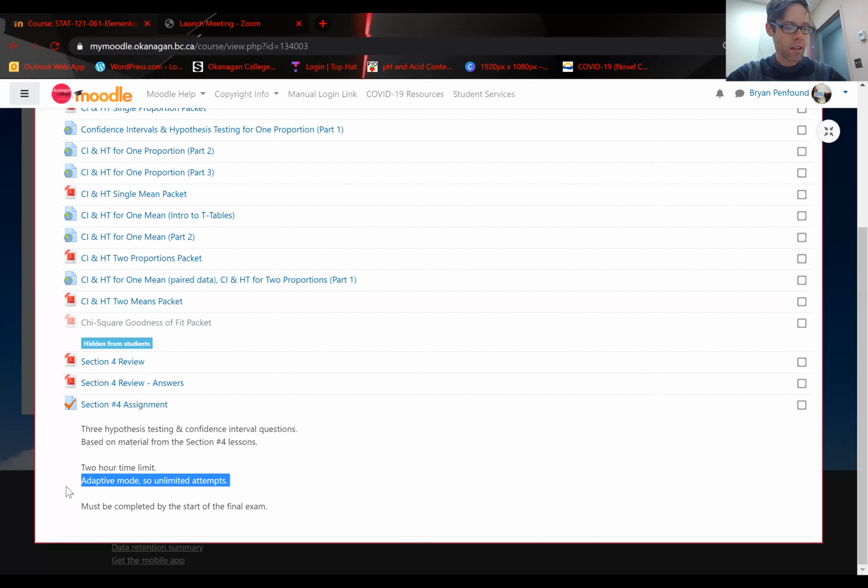Adaptive mode means you can input an answer, check to see if it is correct, and there are no penalties if you input an incorrect answer. So this gives you a chance to go back, look at your work, make an adjustment, find that error, and get the ball rolling in a positive way. So that's what the fourth test is going to look like.